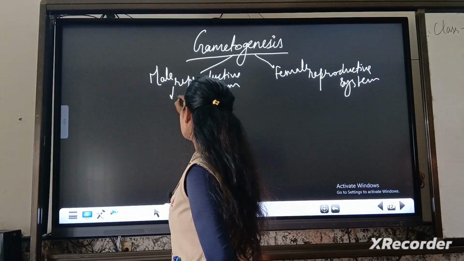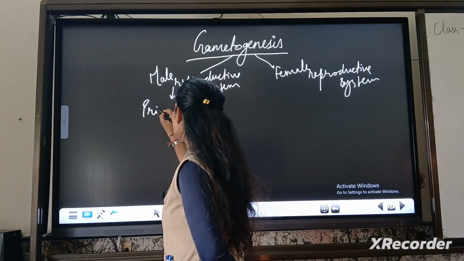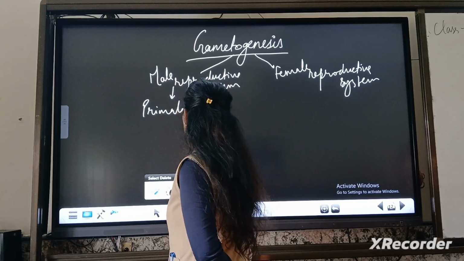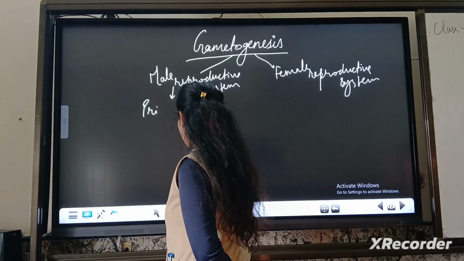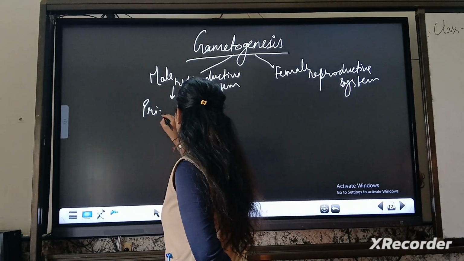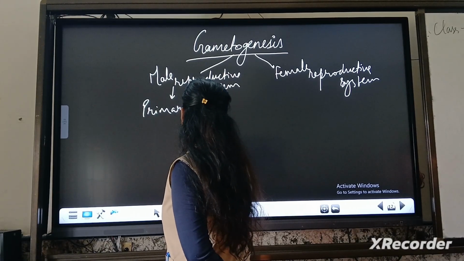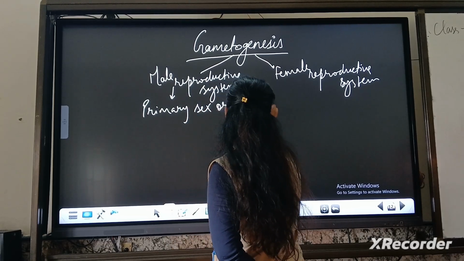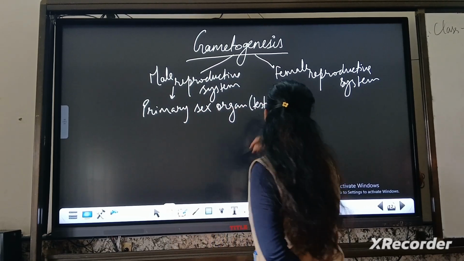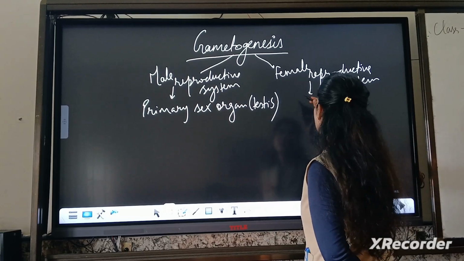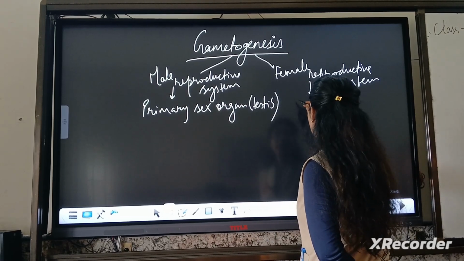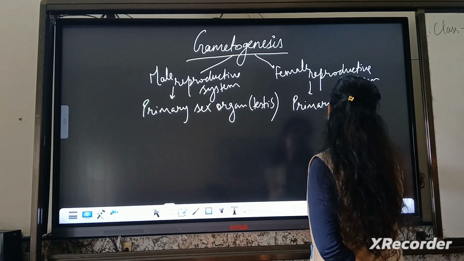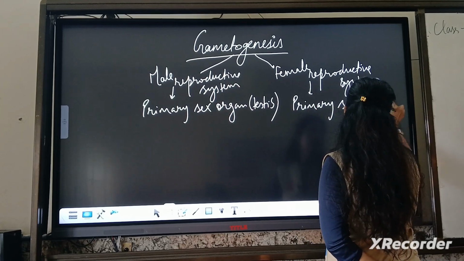The male reproductive system has a primary sex organ, which is the testes, and the female reproductive system has a female primary sex organ.